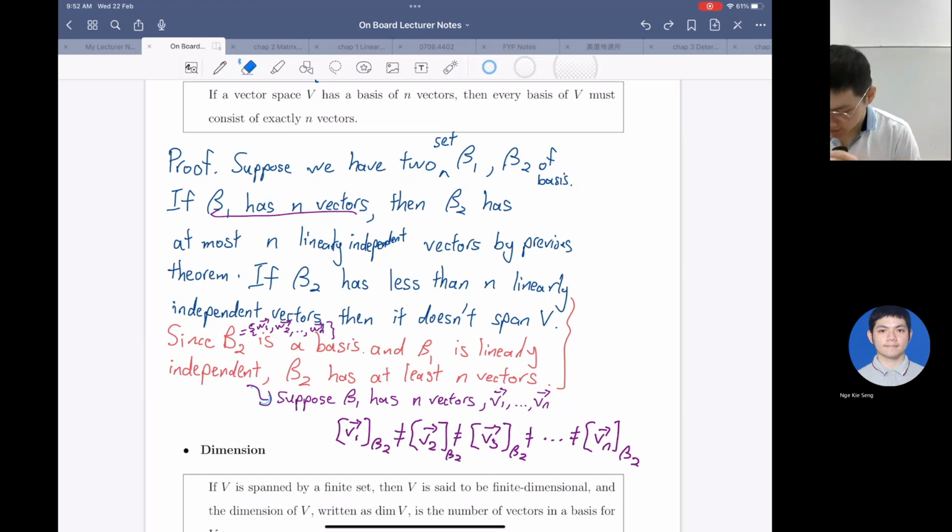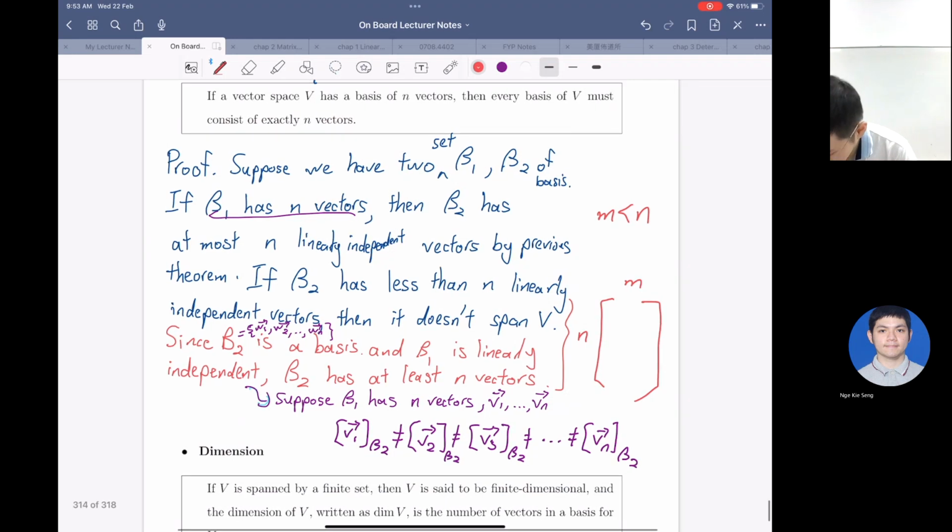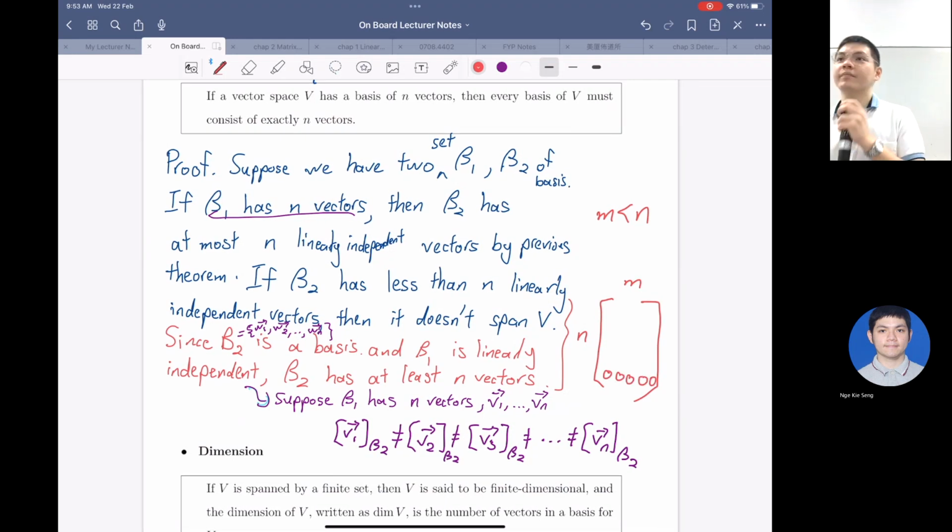If m is less than n, you will have an inconsistent system.